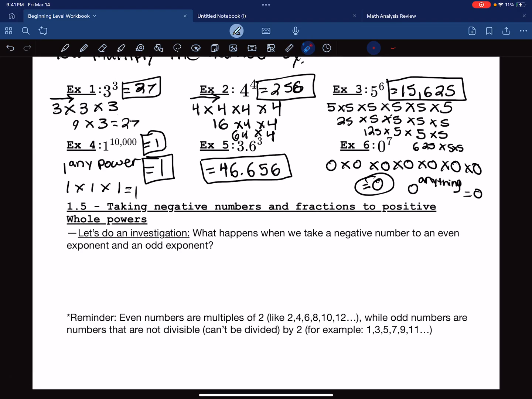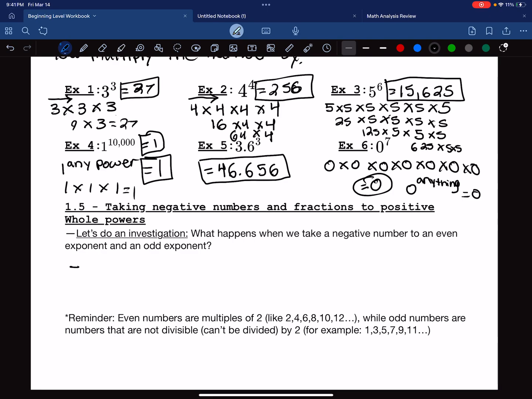So whenever we have a negative number raised to an even exponent, we will get out a positive number.